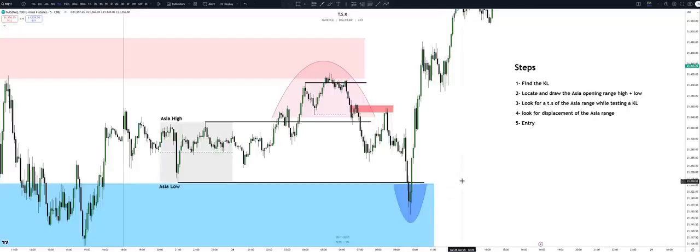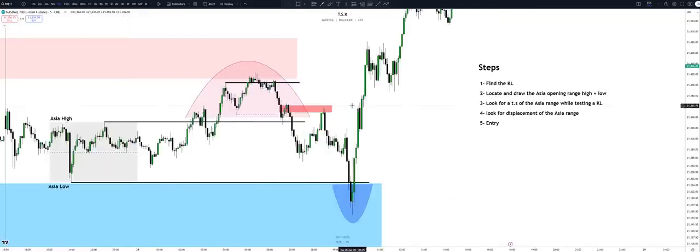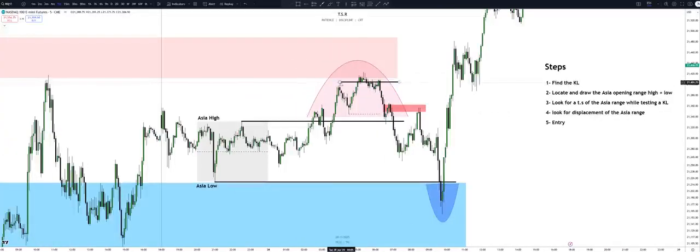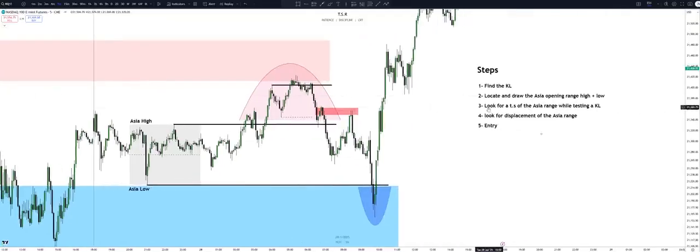So until told otherwise, of course. In this example, we broke market structure while forming bearish PD arrays. We turtle souped a short-term high while tapping into the higher time frame key level above the Asian range.